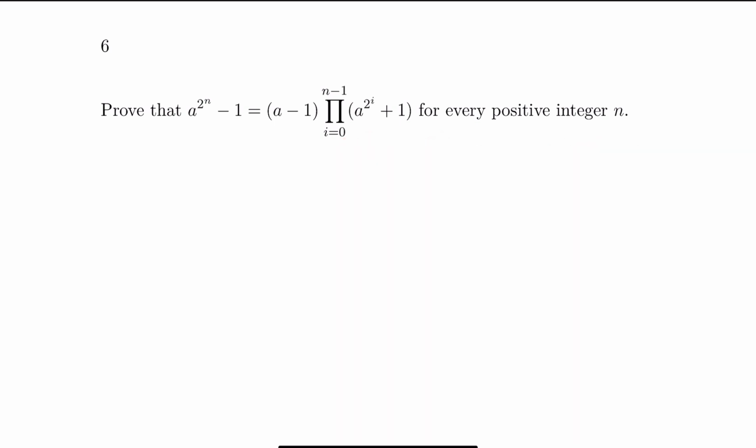So let's get started. We let P of n be a to the 2 to the n minus 1 equal to a minus 1, oh, let me just write b, okay?